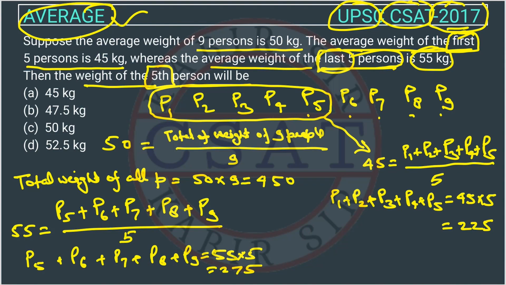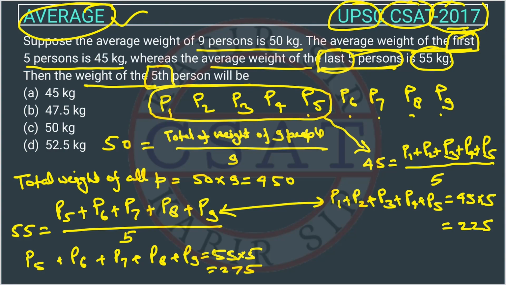Now we know the total weight of all the people and we know the weight of these two groups. So if we add these two equations, it will be P1 plus P2 plus P3 plus P4 plus P5, and P5 we have here also, so here will be 2 P5, plus P6 plus P7 plus P8 plus P9.